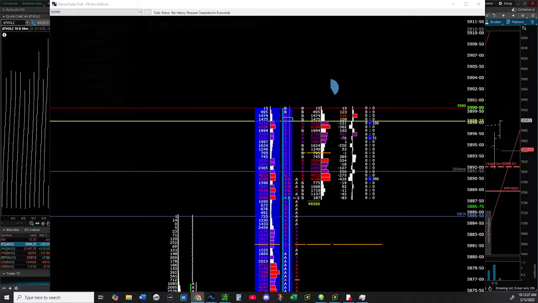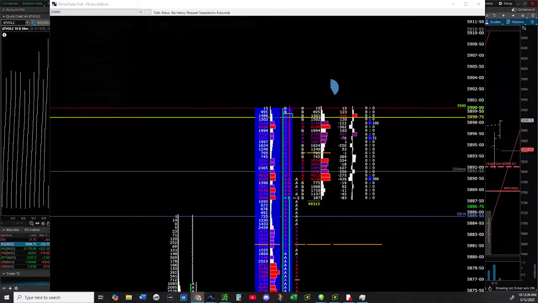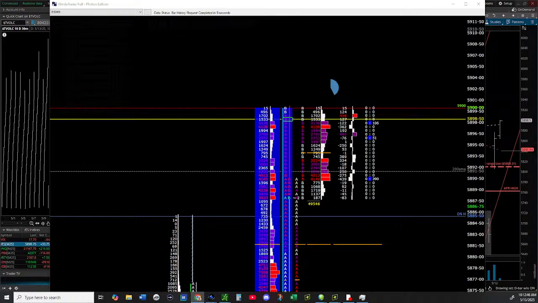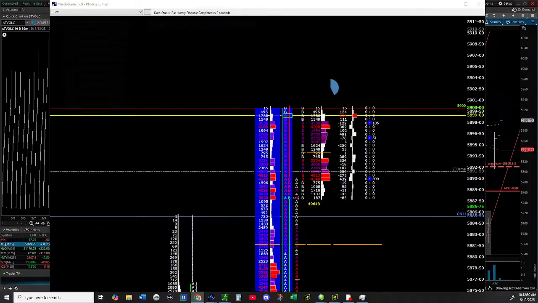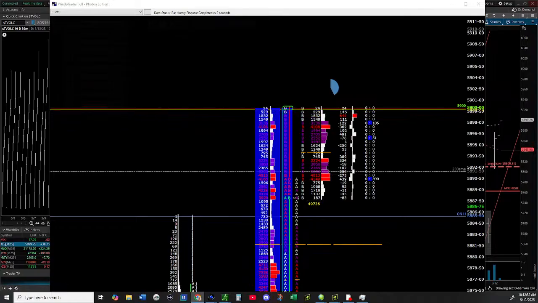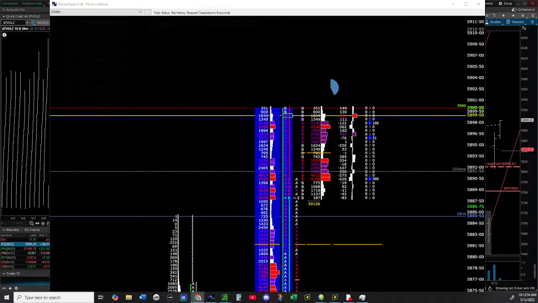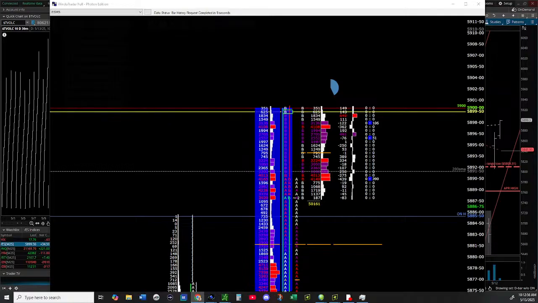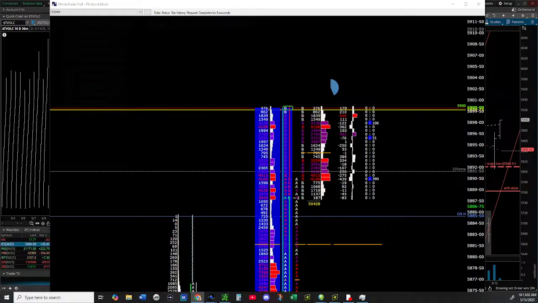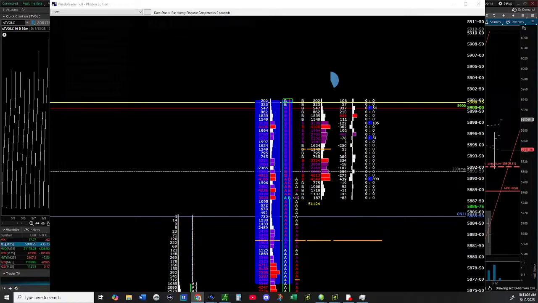Core inflation, previous 0.1, now higher at 0.2. Year over year is the same, 2.8. Month over month is higher, previous was negative, now positive, it went from minus 0.1 to positive 0.2. Year over year is lower.